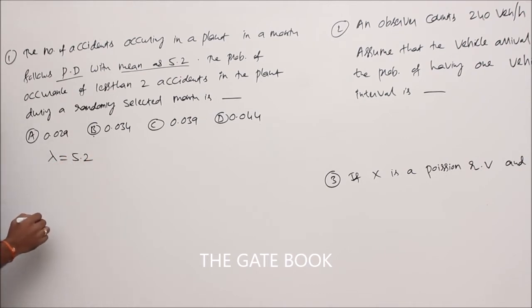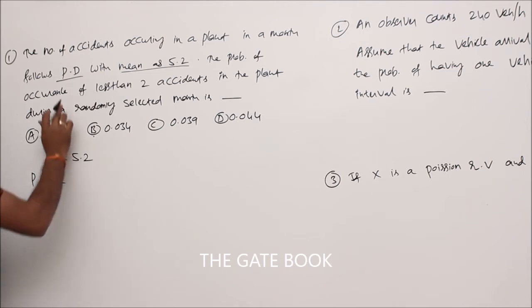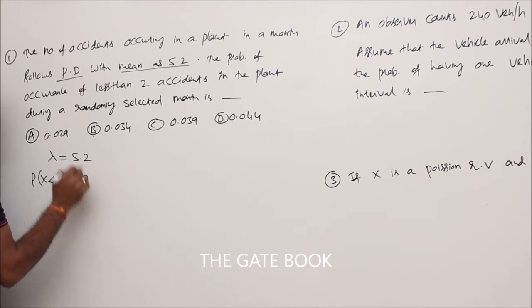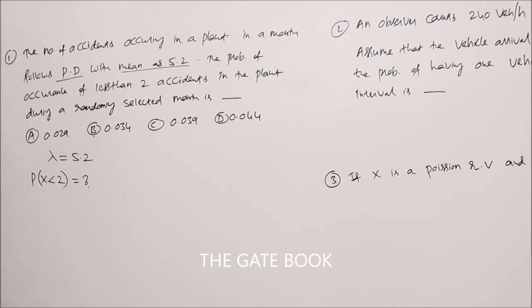The probability of occurrence of less than 2 accidents, so here P of x less than 2. Here x represents number of successes, which in this problem is nothing but number of accidents.